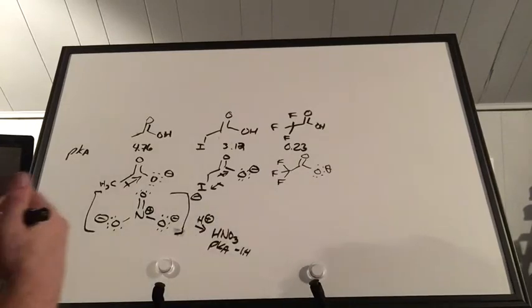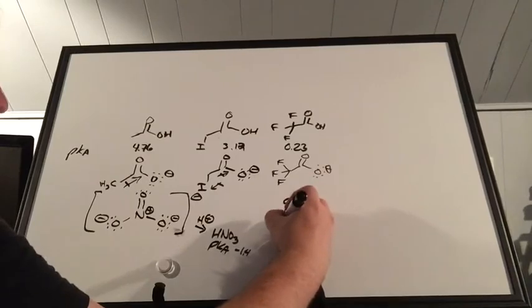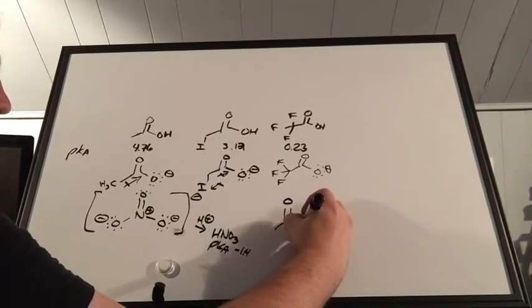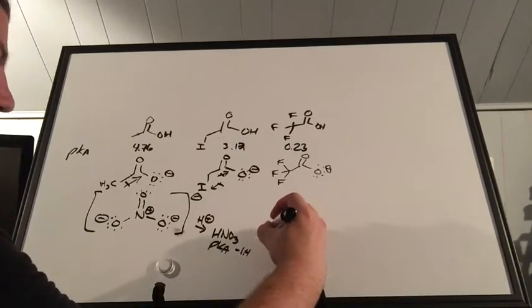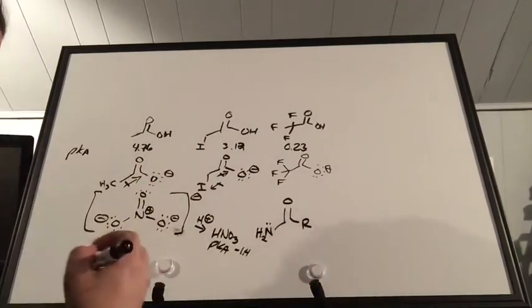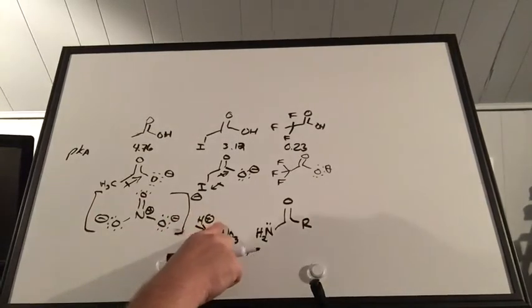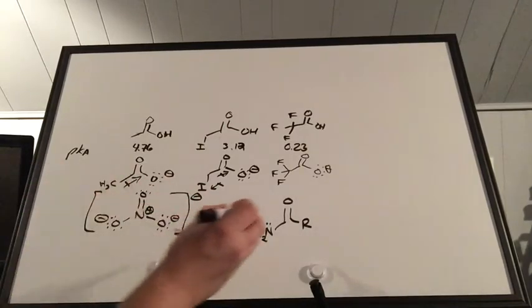Okay, so let's say we have something like an amide. Okay, so I'll just put R for a generic alkyl group. We'll have a primary amide, and now we're going to use nitric acid as a strong acid.